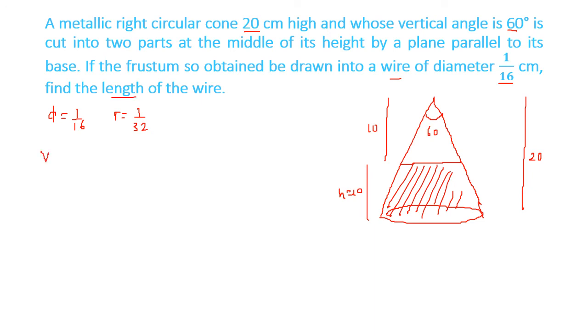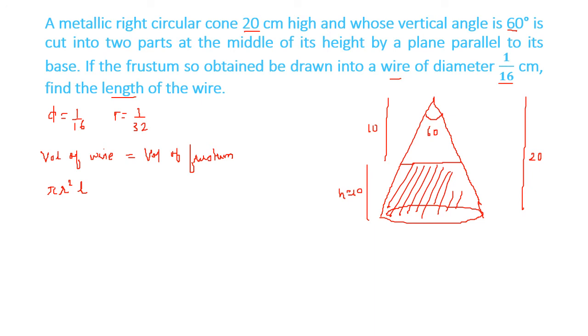So the volume of the cylindrical wire will be equal to the volume of the frustum, because we are just converting one to another. Volume of wire will be the cylinder, so pi r square h, or I'll call it L, the length this time. Let me call it h prime, do not confuse it with the slant height.